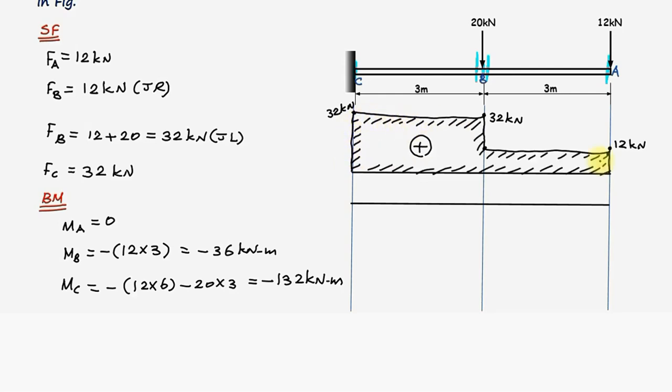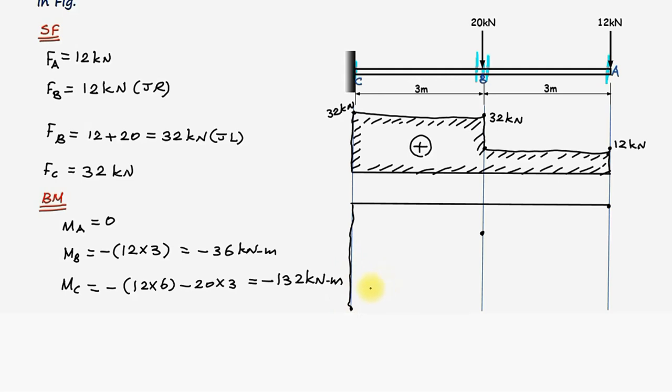Now coming to the bending moment. Bending moment at the point A is 0. Bending moment at the point B is minus 36 kilonewton meter, negative, and at the point C it is minus 132 kilonewton meter, somewhere else here. Now let us join these 2 points. It's a vertical line.